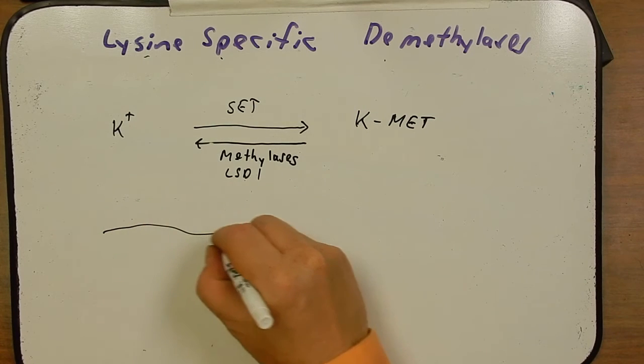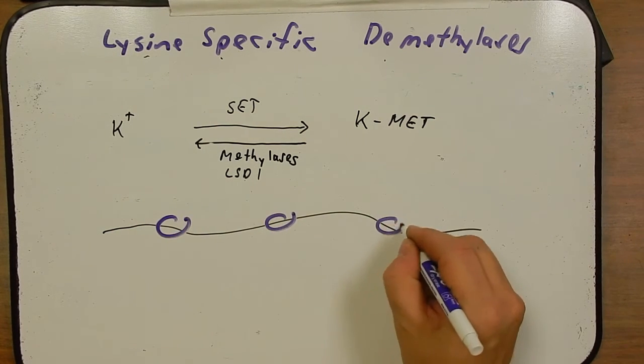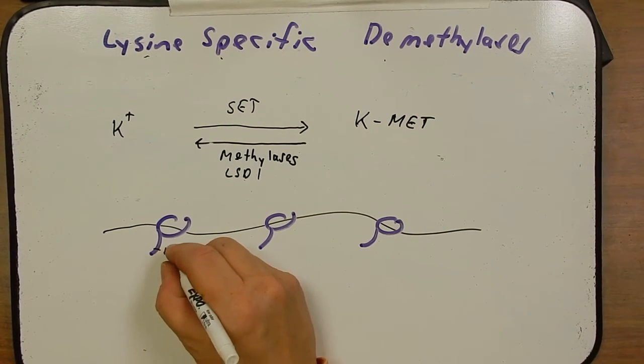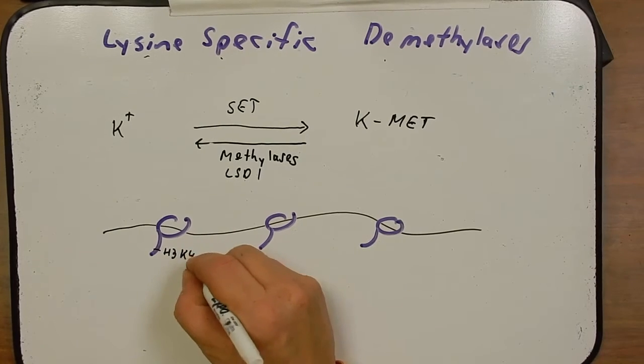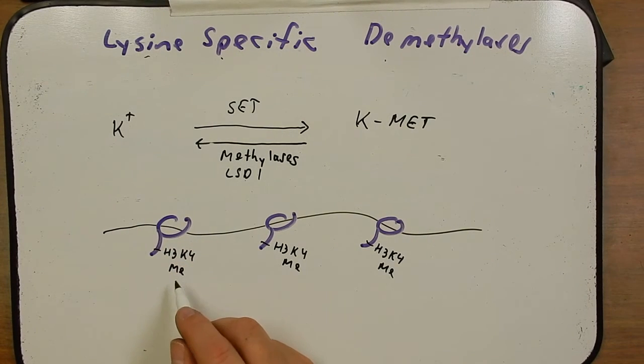So if we were to draw our DNA here with our histones on it, like so, with our N-terminal tails and our H3K4s, and remember, when these have methyl groups on them, that is a mark to increase transcription.